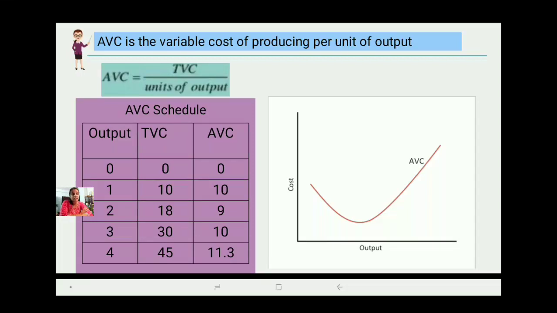Initially cost decreases because of increasing returns, then the cost starts increasing because of diminishing returns. That is why the cost curve is U-shaped.